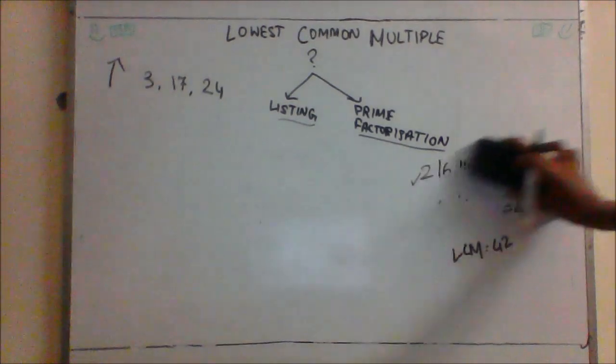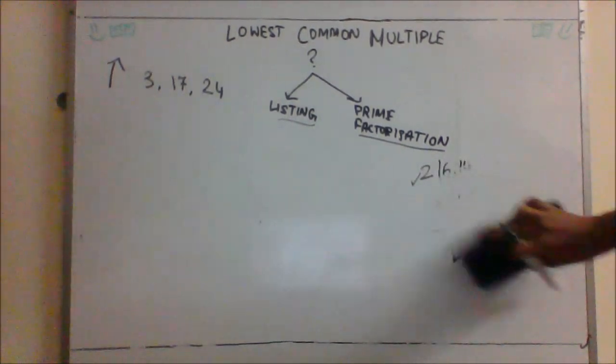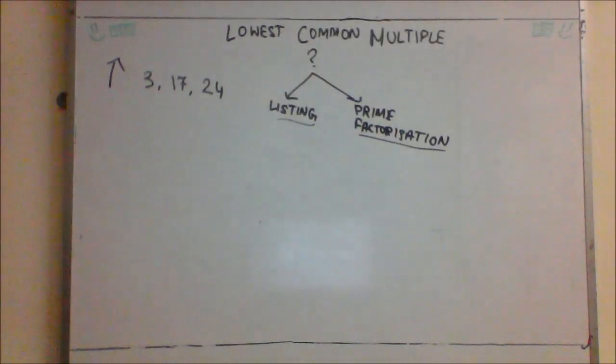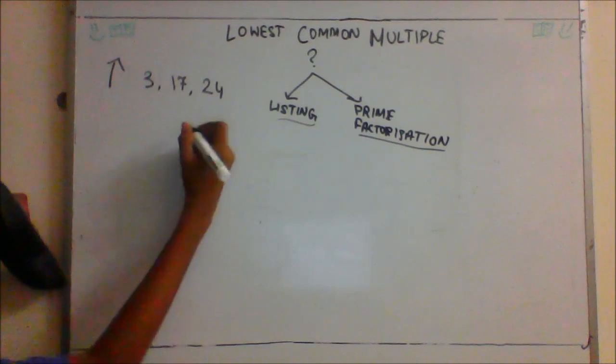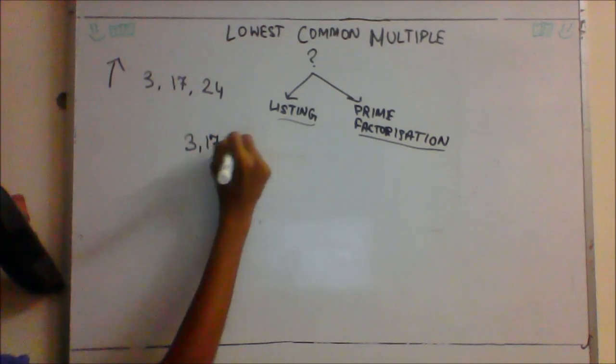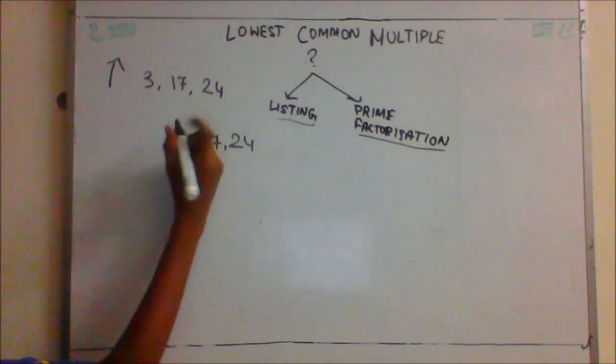So let's look at prime factorization itself. I'll do it on the other side of the board. So let's take 3, 17 and 24. First we'll do by 3.